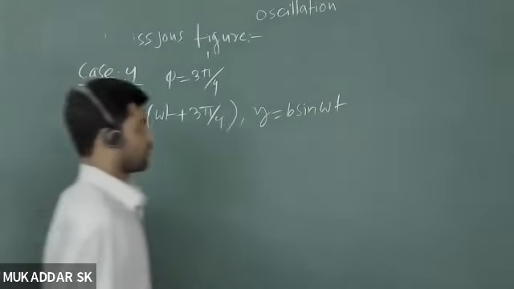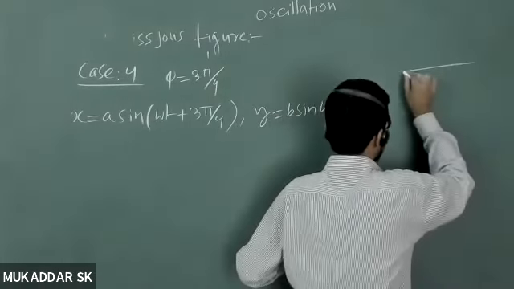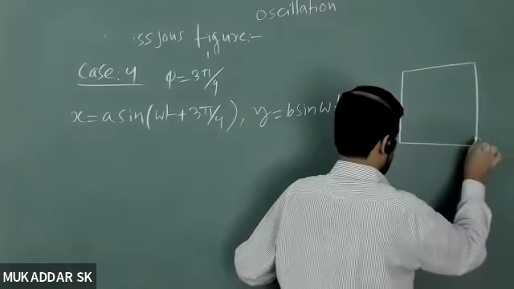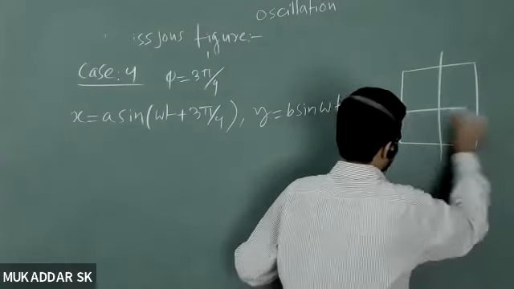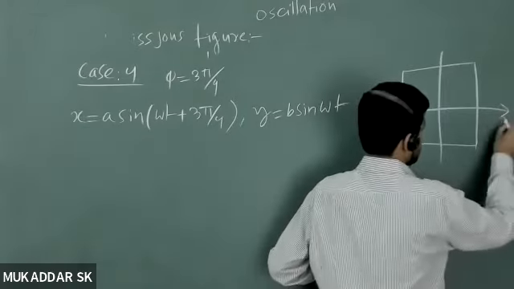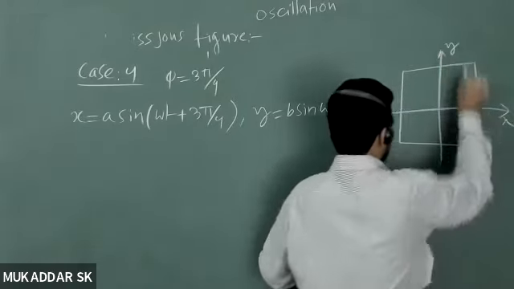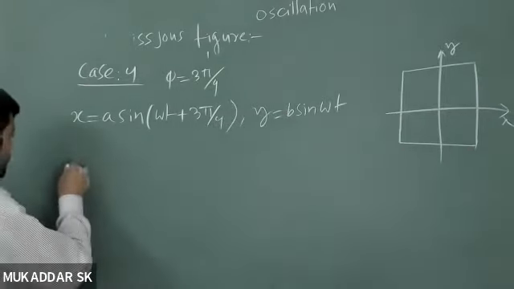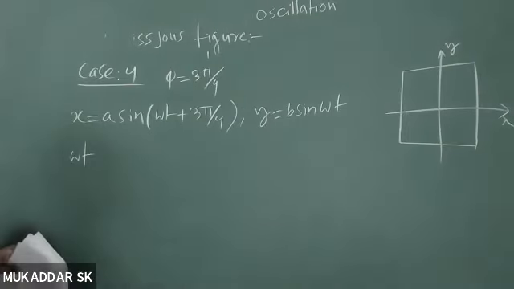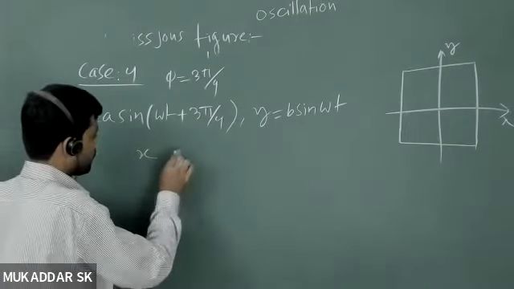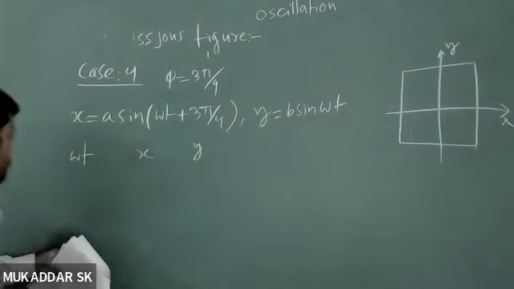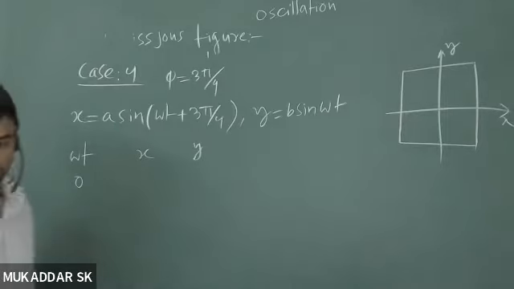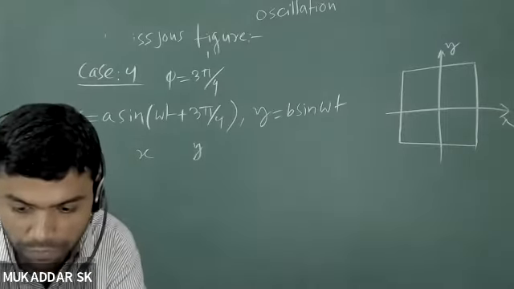So to look at the trajectory, let us see it for different times. We take different values of omega t, then we'll see the values of X and Y. When omega t equals 0, what will be the value of X?